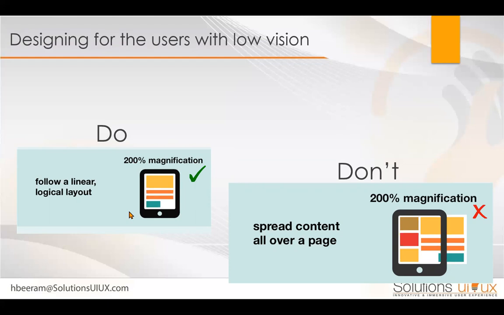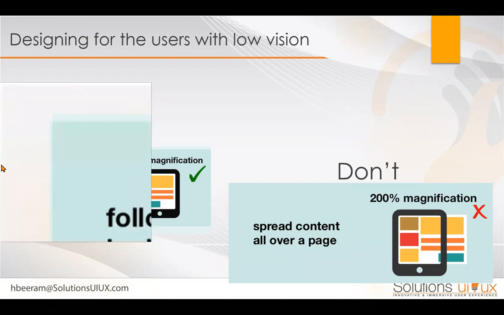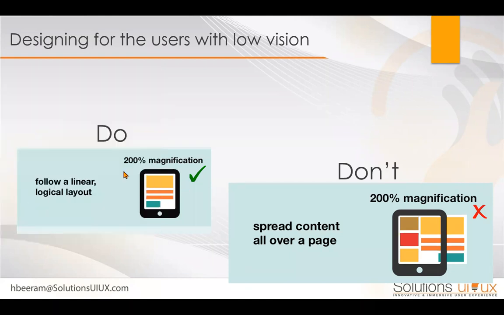A lot of apps that I don't use on mobile phone is because I cannot magnify them. Yes, there are built-in features on iPhone where you can try to zoom, but using those built-in features on an iPhone, it's very difficult to navigate around the magnifier because you cannot completely go and click on the things. For example, here is the magnifier, and this is the maximum level I could go to the left. And if there is anything beyond that I want to read, I cannot. So this is what happens with this.